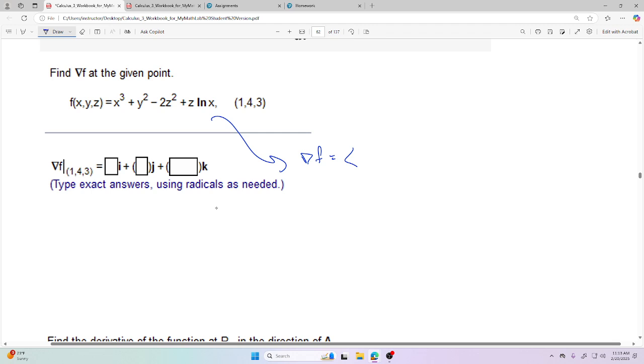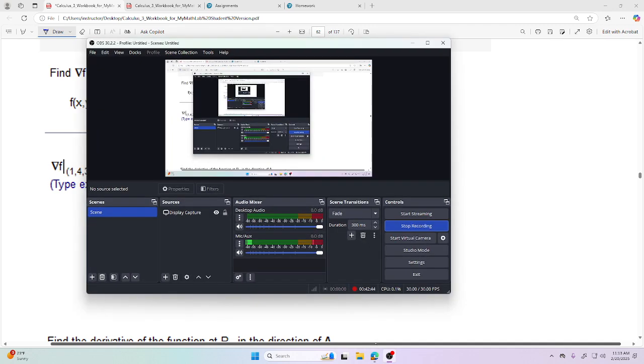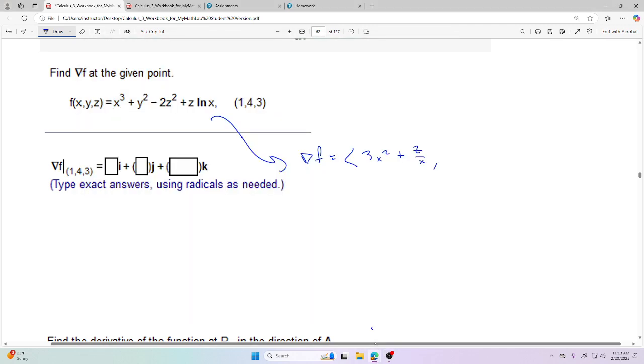You're going to help me. We're all just taking partial derivatives here. What's the derivative in terms of x? So derivative of ln. Satisfied? So that was fx.